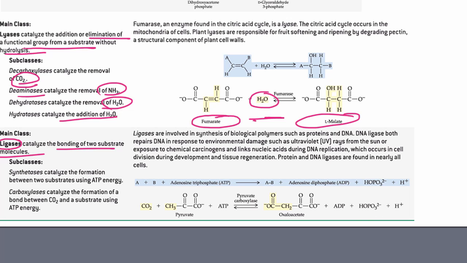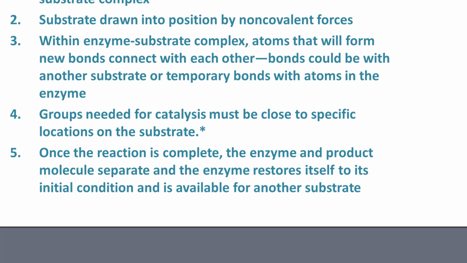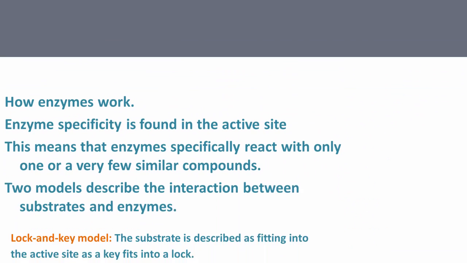So these ligases catalyze the bonding of substrate molecules in order to form larger molecules like proteins, DNA, and RNA. So take a look at these, and you can look at them in more detail. I just wanted to point them out here.